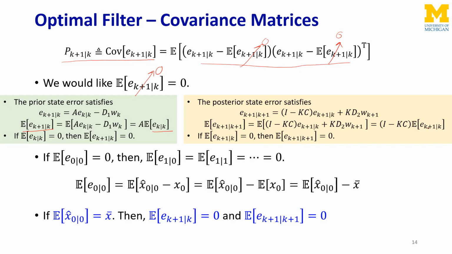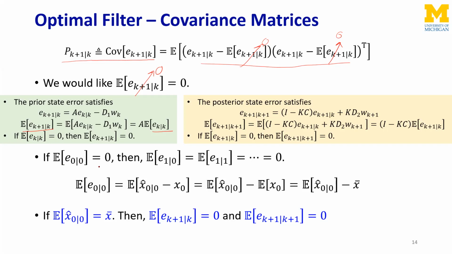And again, if I can say that this is 0, then this term on the left-hand side is always going to be 0. So I have to use this equation, this sentence, and this sentence to argue via induction that if I start at this condition, if the expected value of e_{0|0} is 0, then all these terms are going to be 0.